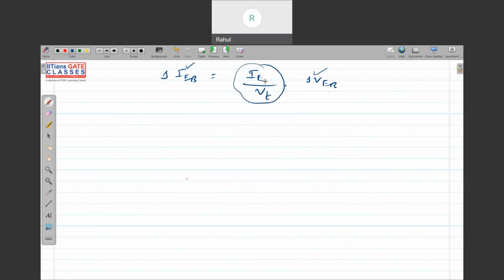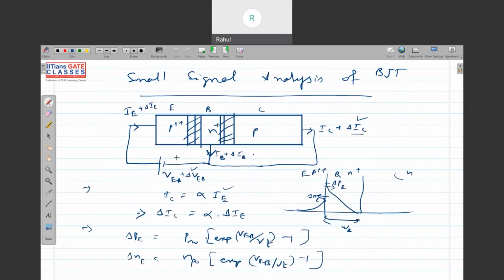This I is the current before application of the increment. In terms of amplifier terminology, this is called quiescent current. Quiescent current is the current that is flowing in the transistor before the application of a small signal.